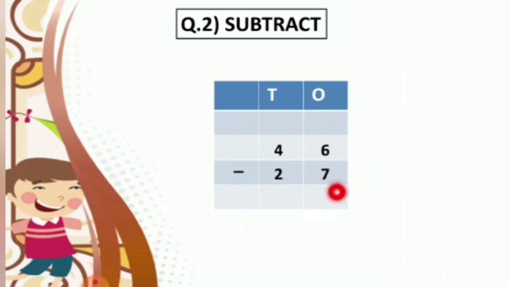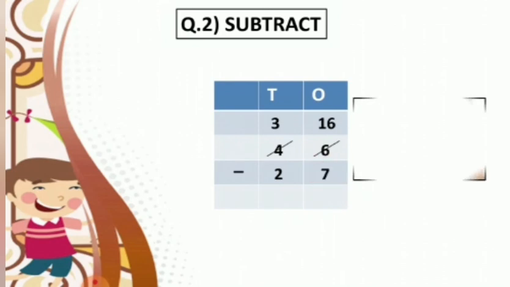So what we have to do is borrowing. So we will go to the tens column. So we will take 1 tens from here. So it will be 3 and we are going to add 10 ones. So already here the number is 6. So now it will be 16. How many fingers we have to open? 7.